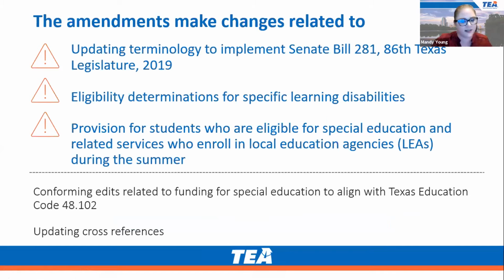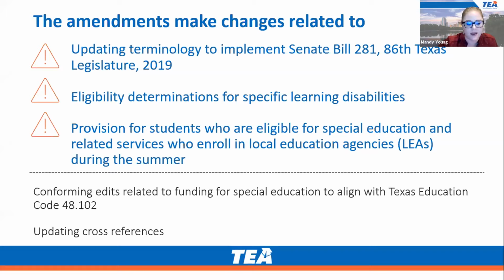So this presentation is just a high level summary of the types of changes that are made in Chapter 89. What I'm going to discuss today is the updating of the terminology to implement Senate Bill 281. And then Dawn is going to go over the eligibility determinations for specific learning disabilities and the changes to the provision for students who are eligible for special education and related services and who enroll during the summer.